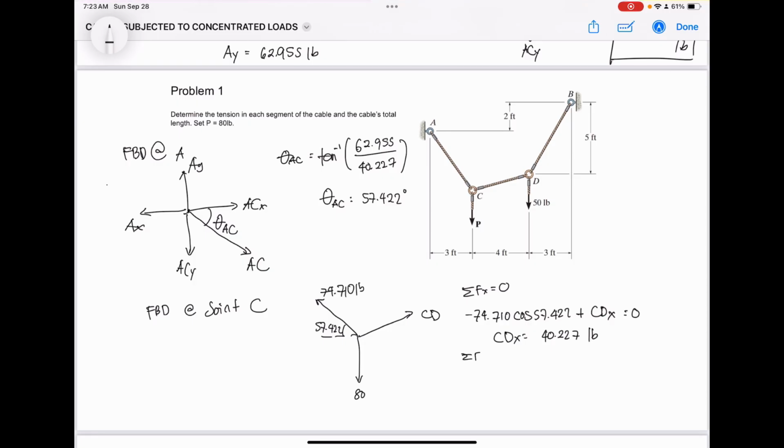Summation of forces along y equals 0. We have 74.710 sine 57.422 plus CDY minus 80 equals 0. CDY is equal to 17.045 pounds.